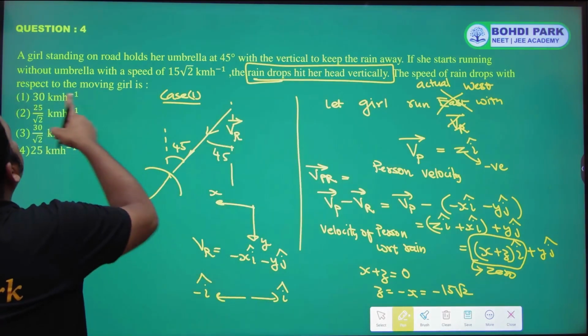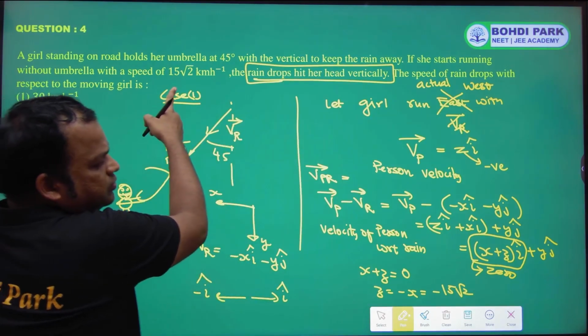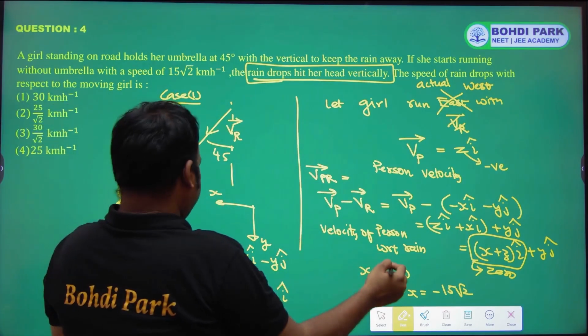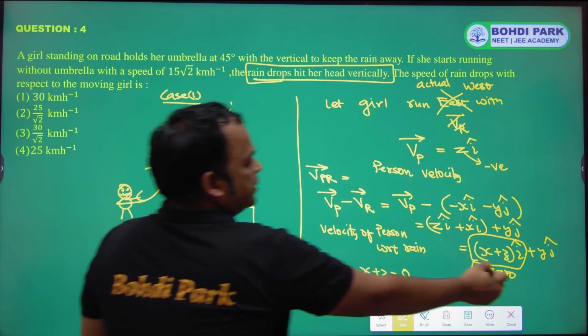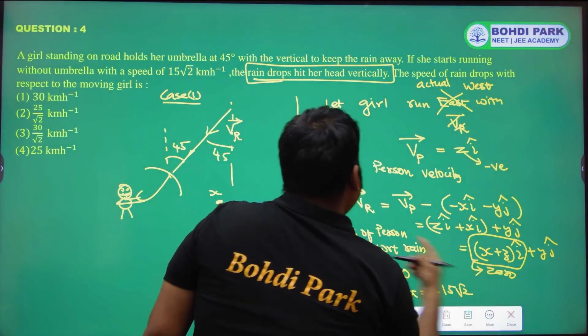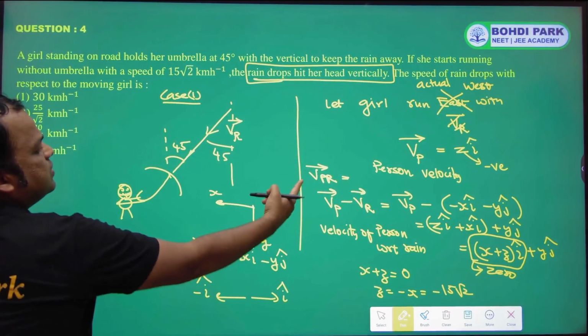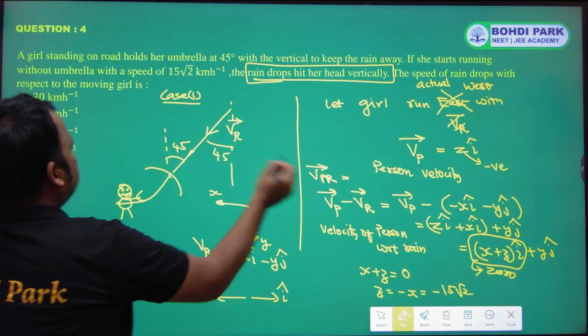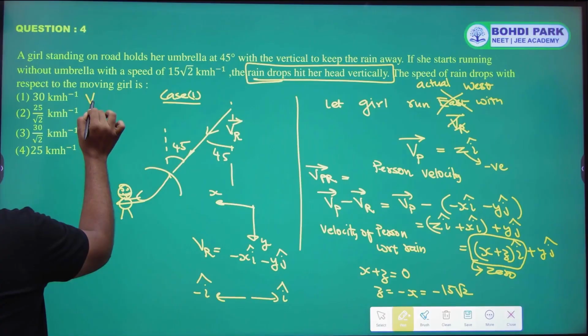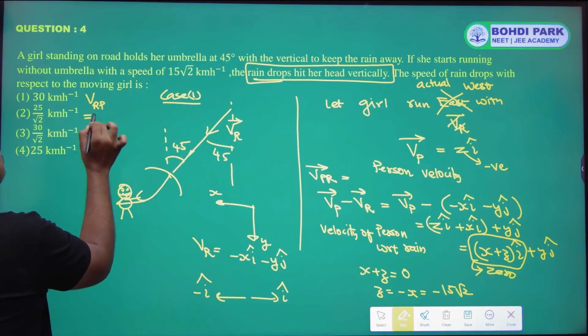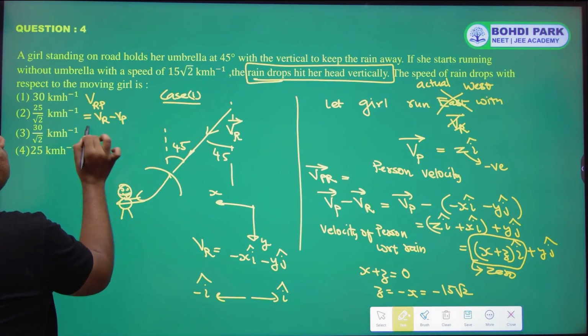The speed of raindrops with respect to the moving girl will be equal to y j. That is velocity of rain with respect to person. We have to find velocity of rain with respect to person, which is VR minus VP.